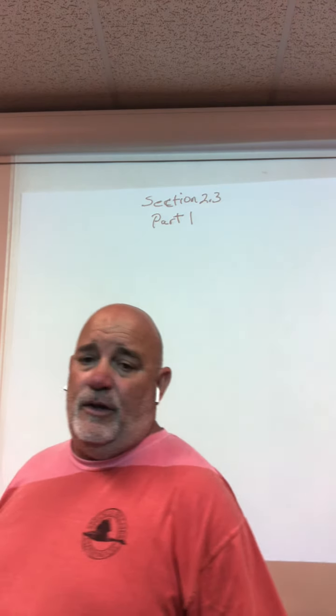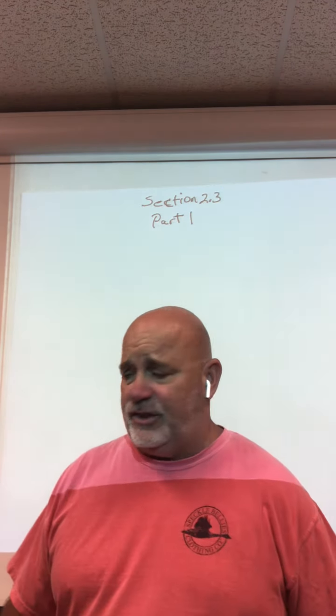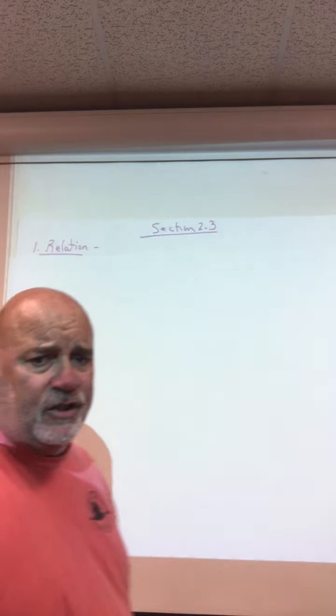Okay, so what I want to do with you first is start out with the definition. The definition that I want to give you is the definition of what we call a relation. So write down this definition here.